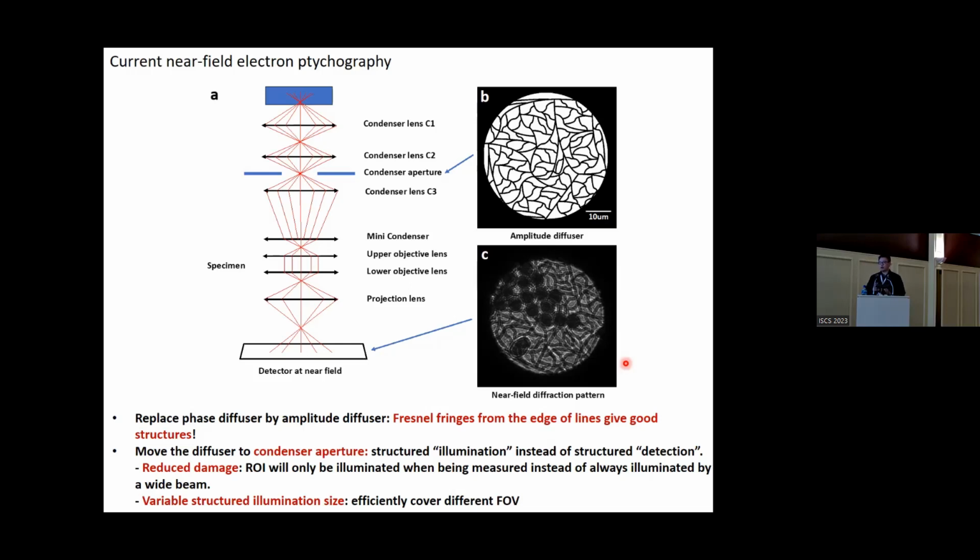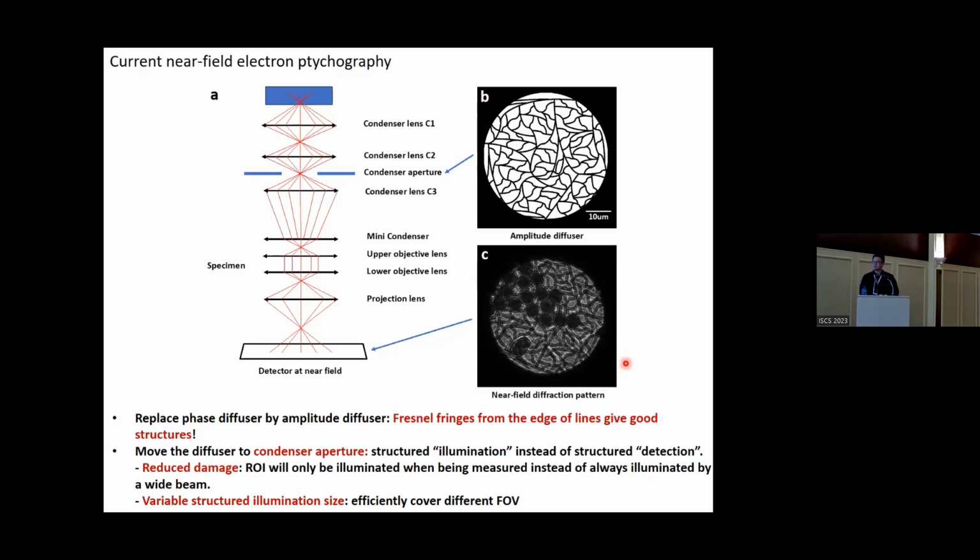So we are introducing a lot of inelastic scatters, which will further reduce the contrast in our result. The amplitude diffuser does not cause any phase delays when electrons are passing through, so we are just using that to reduce the inelastic scatters. Yes, thank you.